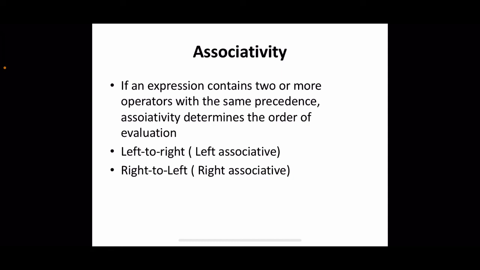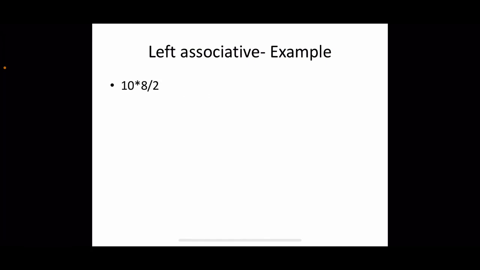There comes the significance of associativity. If an expression contains two or more operators with the same precedence, associativity determines the order of evaluation. There are two orders of evaluation: from left to right, called left associative, or right to left, called right associative. You will see an example for both of these.